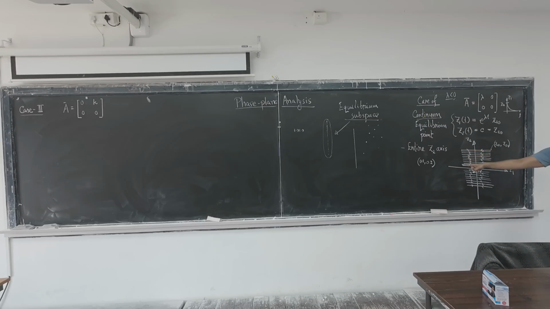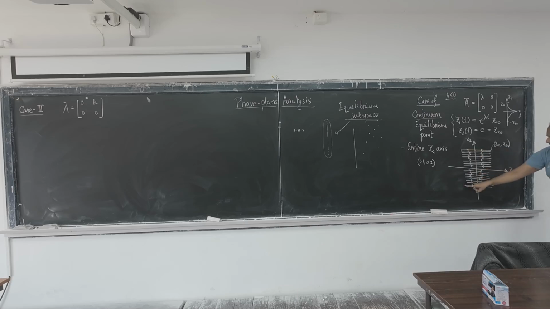If you start from the negative side, that means where Z1 is negative, then what will happen? It will be like that, starting from minus Z10. If you prepare the table, minus 1, minus 0.9, minus 0.8 up to 0, right? So that's why the direction is on this side.